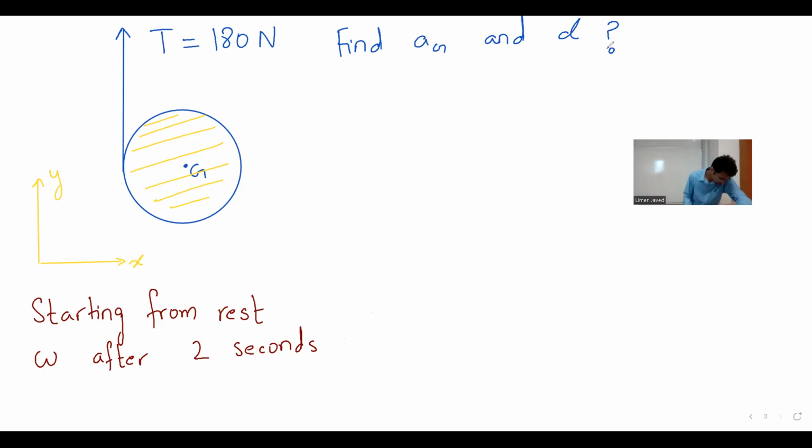So this is a solid cylinder or whatever. The question says that moment of inertia about its own center of mass is half mr square. Now the question also says that mass is equal to 15 kilograms and the R value is 0.5 meter.